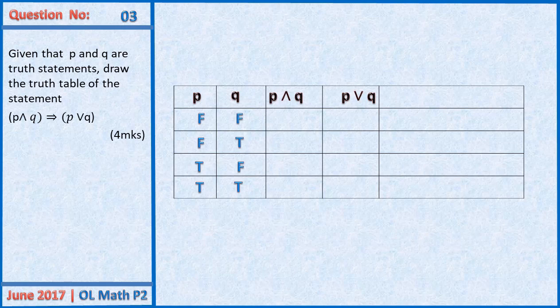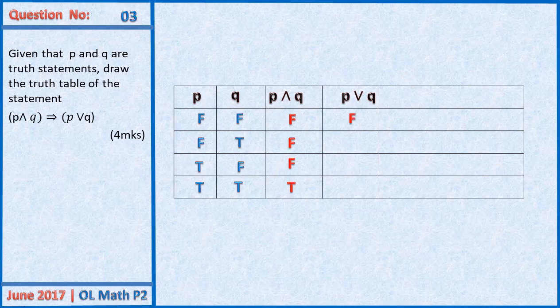Now, when P is false and Q is false, we have P and Q to be false. When P is false and Q is true, P and Q will be false. When P is true and Q is false, P and Q will still be false. And P and Q is only true when both are true.